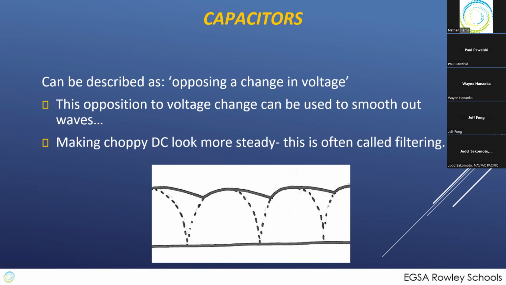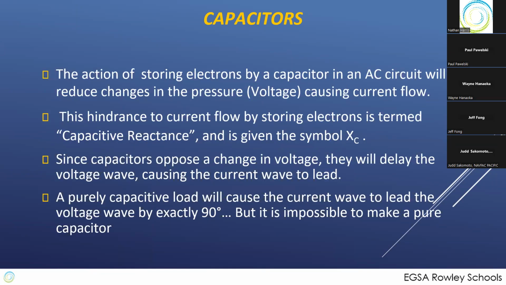This is why you have the capacitor part of a filtering circuit. It slows down the change in voltage. It's important to understand that what we're slowing down is the change in voltage with this. So we store it, it changes the pressure on the rest of the system.